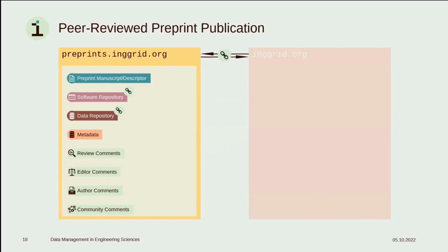So to summarize, at the end of this review process, we have a preprint publication with the 3 entities of the publication and the metadata and the comments on the preprint platform from reviewers, editors, authors, and the community.